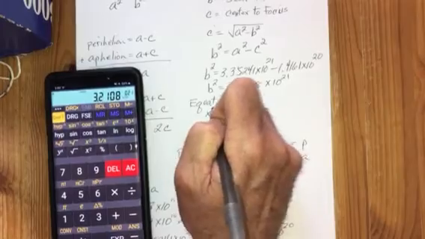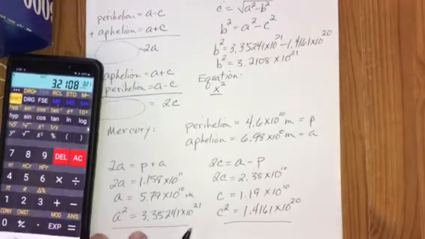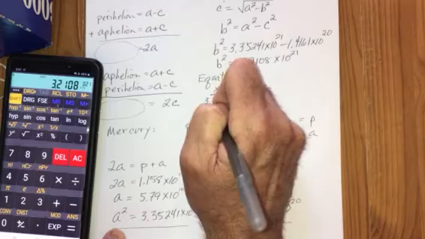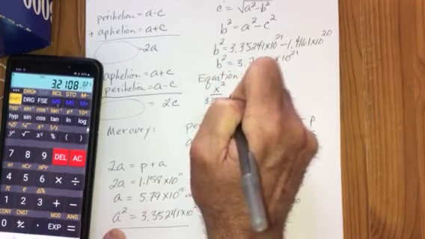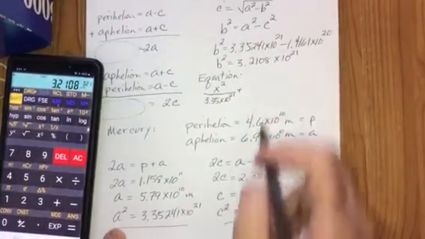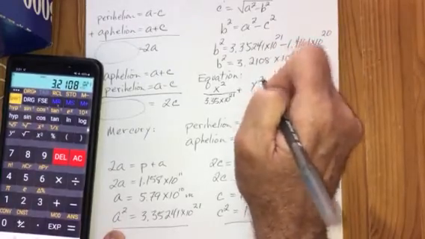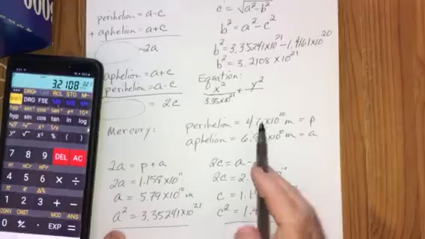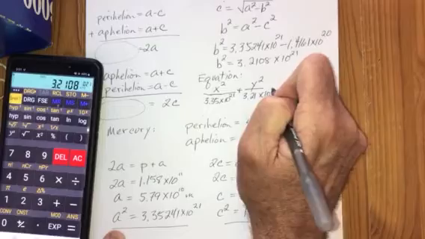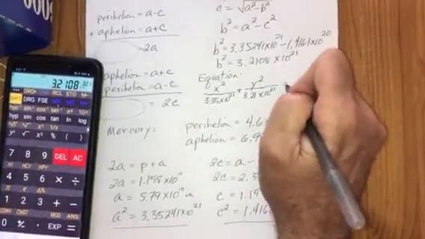So we get x squared over a squared, and a squared was right down here, which is, we'll call it 3.35 times 10 to the 21st power, plus y squared over b squared, and we know that b squared is 3.21 times 10 to the 21st power. Okay, and this altogether is equal to 1.